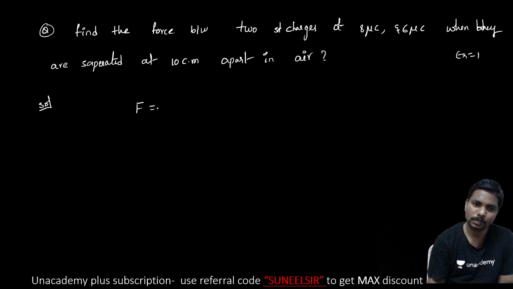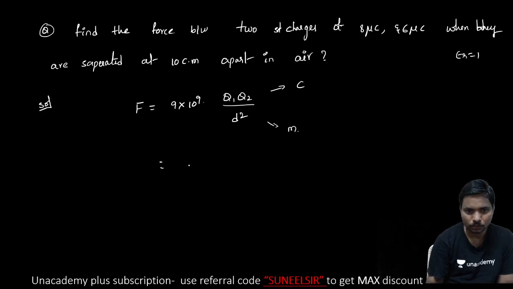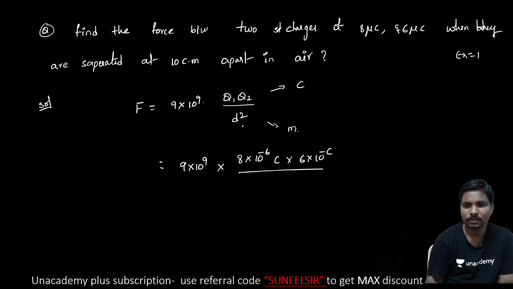We know the formula for force is nothing but 9 into 10 power 9, the product of two charges q1 q2 by d square. Charge is in coulombs, distance is in meters. So 9 into 10 power 9 into the charge 8 into 10 power minus 6 coulombs, q2 6 into 10 power minus 6 coulombs, by d square, where d is in meters.